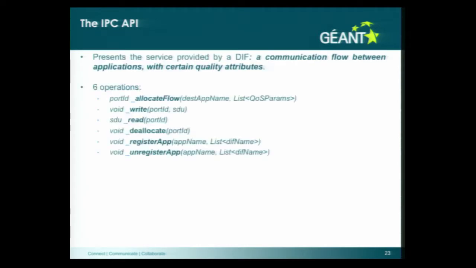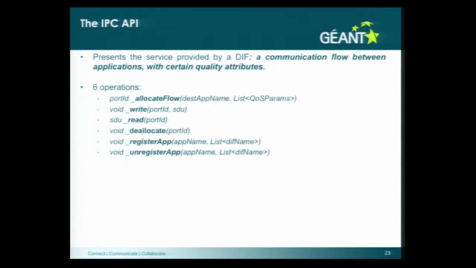So the IPC API in Rina is, let's say, similar to the socket API, but it has only 6 operations. So you can register your application with an IPC process to make use of its IPC functionality. You can request to allocate flows between a certain application with a certain QoS. So Rina supports QoS.